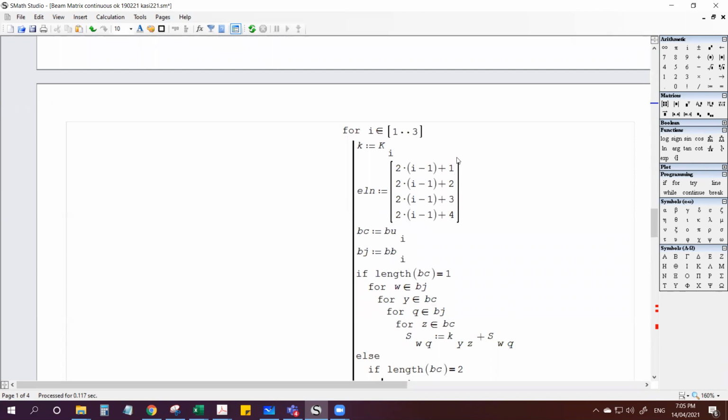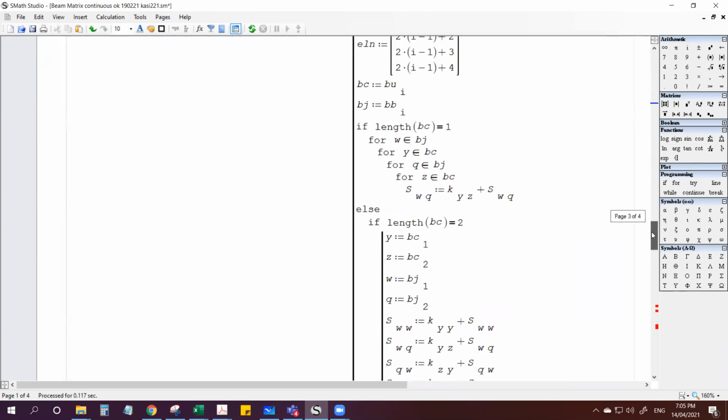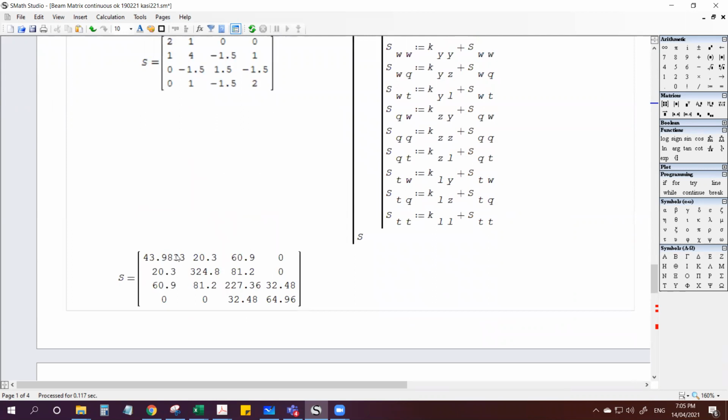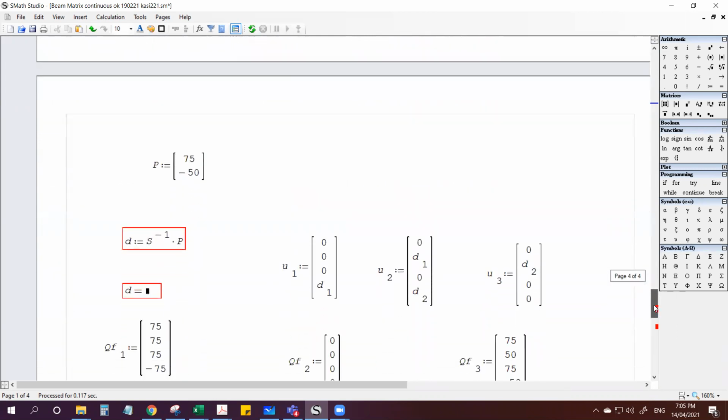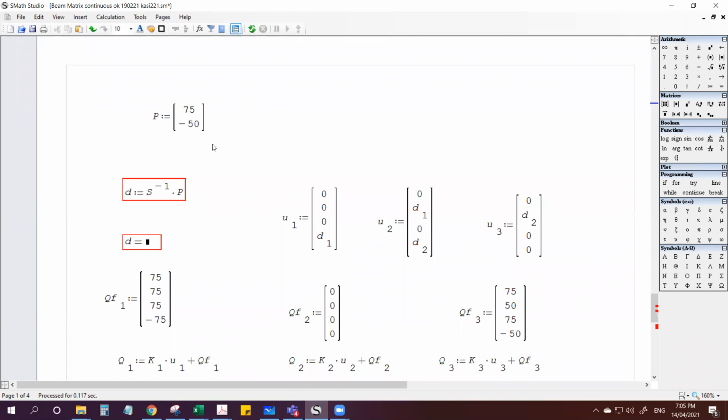Okay, in terms of generating the stiffness matrix, the S matrix. So this is the S matrix. Now let's correct the P vector. The P vector should be 4.